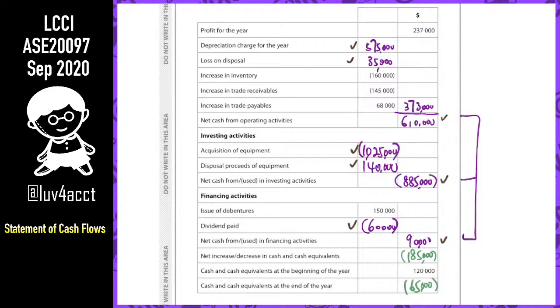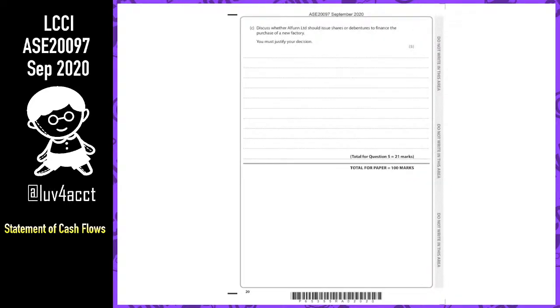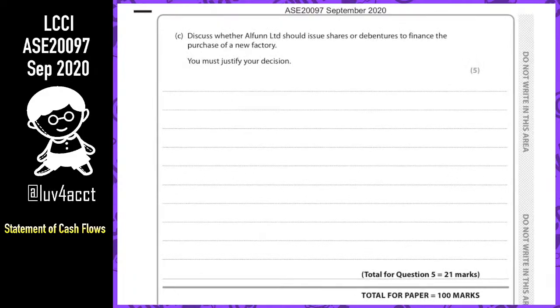Last part. Discuss whether the company should issue shares or debentures to finance the purchase of a new factory. So this is capital structure. We have discussed this earlier. Shares or debentures, capital or liability.